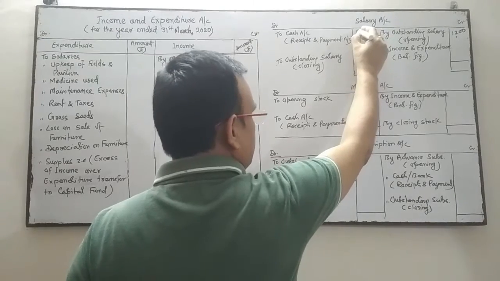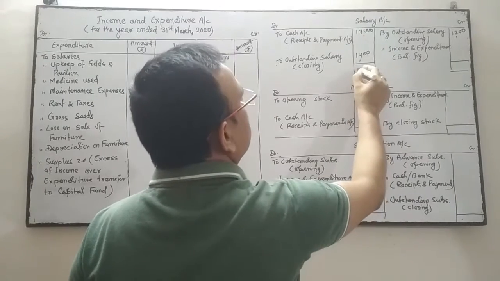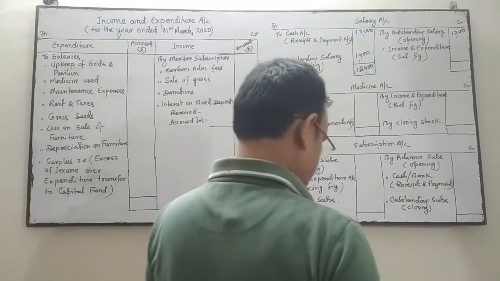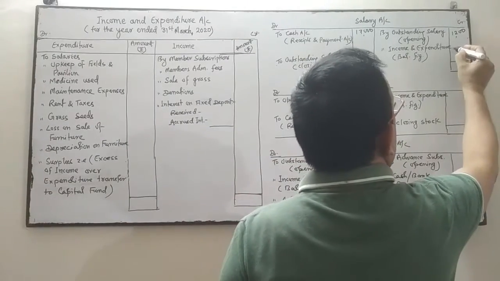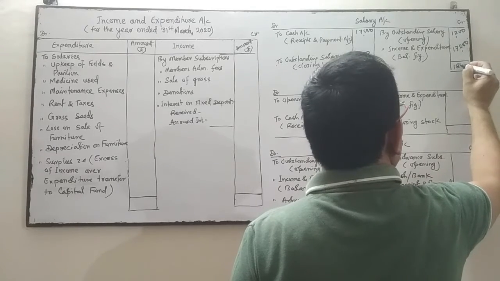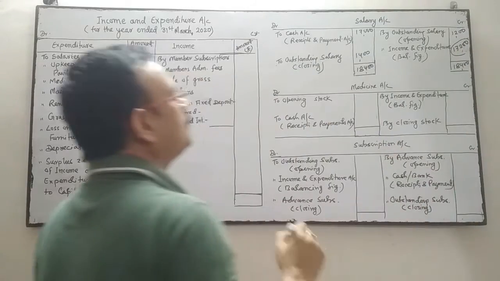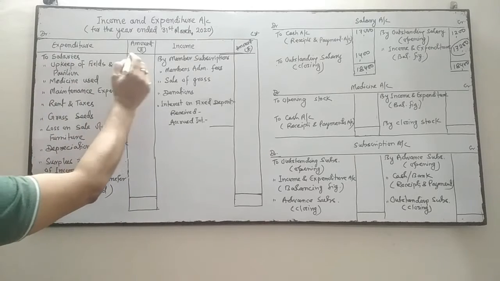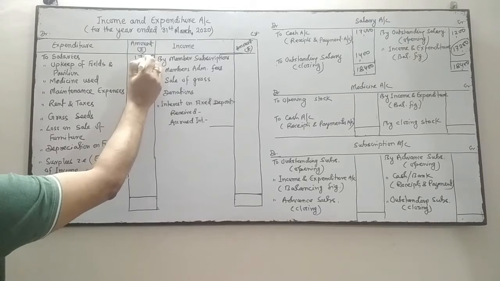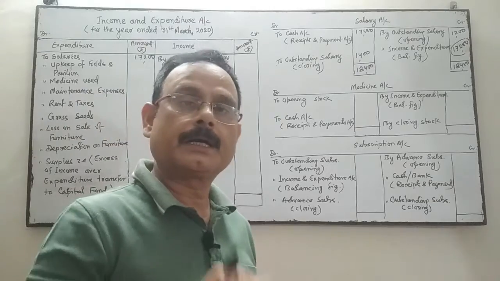So write the 17,000 over here. Total is 18,400. So the difference amount indicates the salary of the current year, 17,200. This is the balancing figure, and this amount we will write over here in the debit side of the income and expenditure account, 17,200. This is salary of the current year.